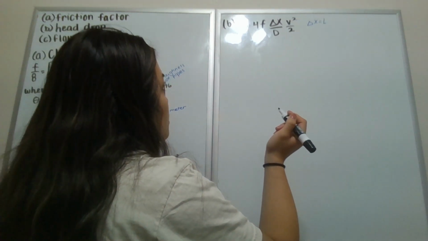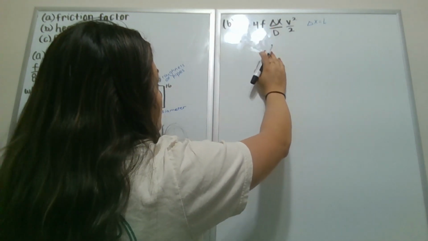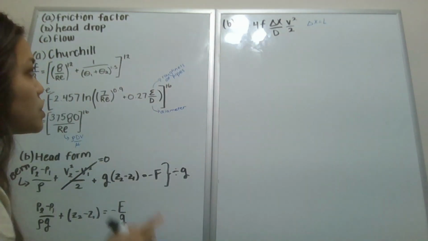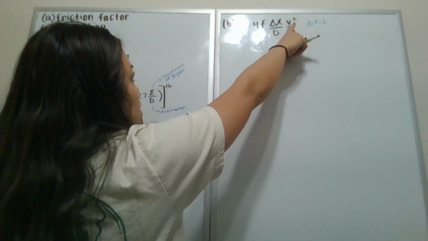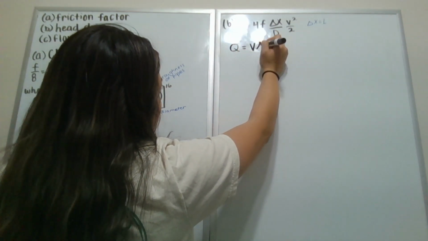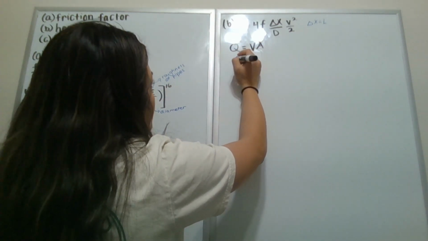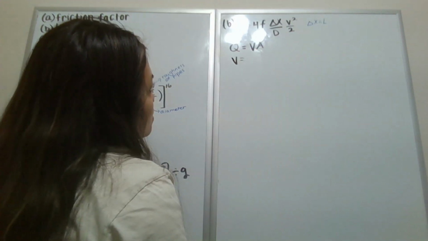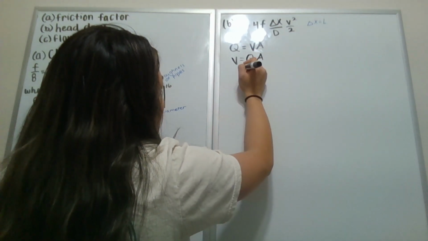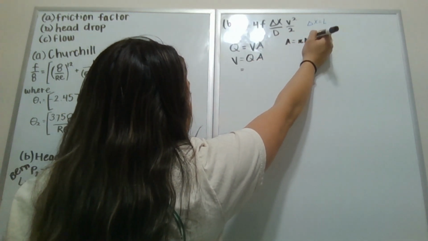If we rearrange this, because we have the friction factor, or that's what we're looking for, and we will get that with Churchill, what we have to do is rearrange it for the velocity. If we remember that flow rate is equal to velocity times area, we can rearrange it to be that velocity is equal to the flow rate divided by the area, and the area is just pi r squared.